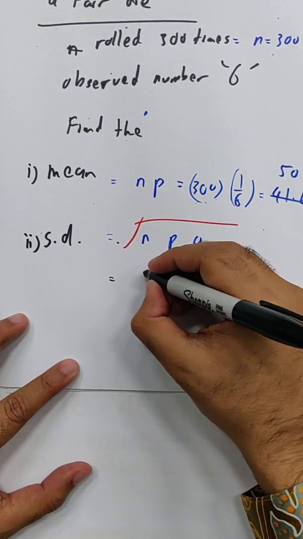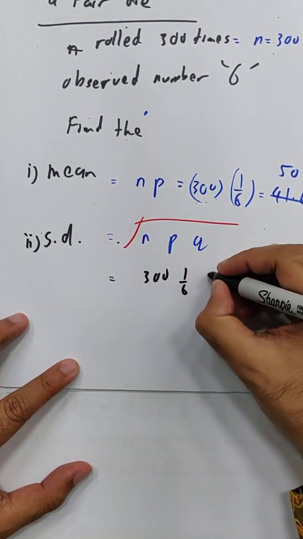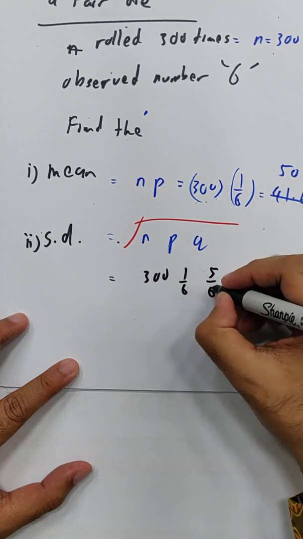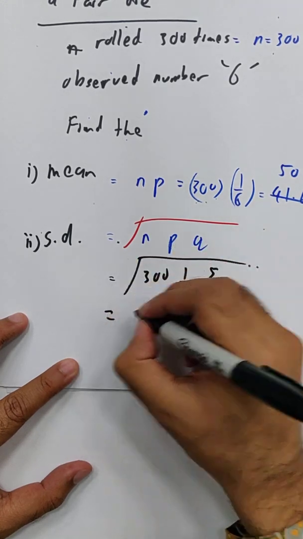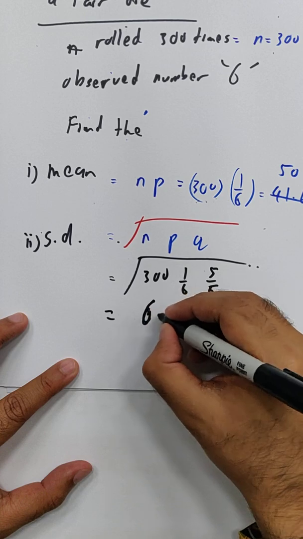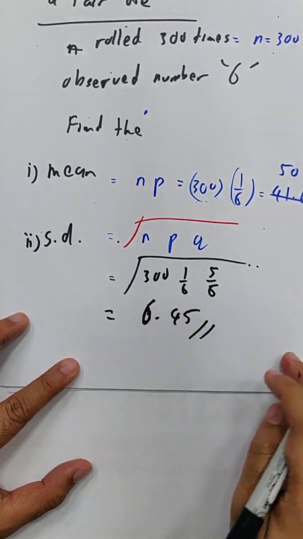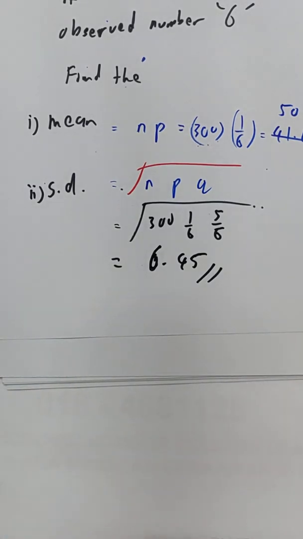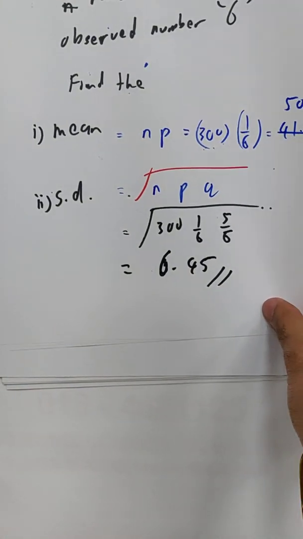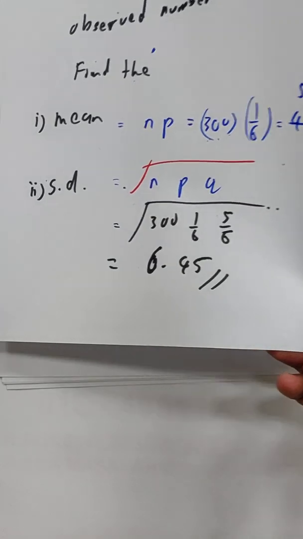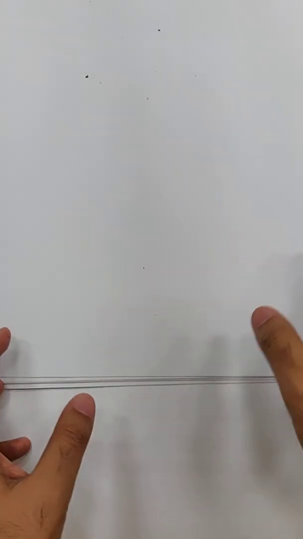So NPQ: 300, 1/6, 5/6. Square root the whole thing should give you 6.45. Okay? Very good. I think that's for exact.